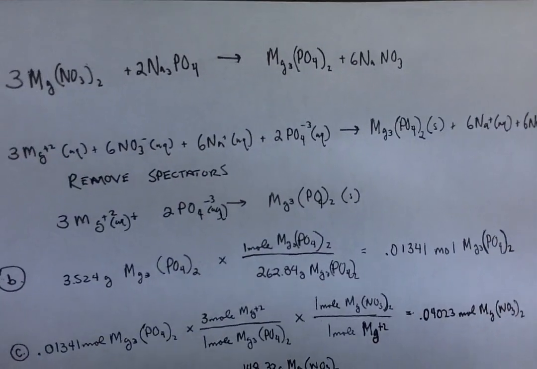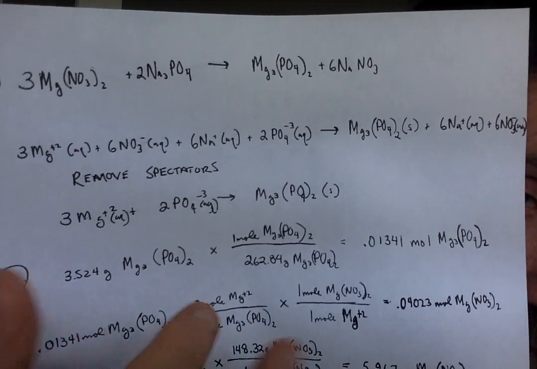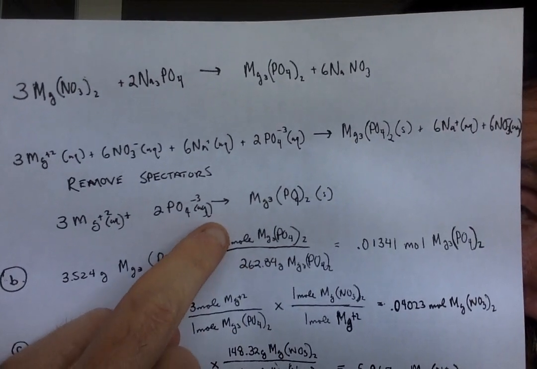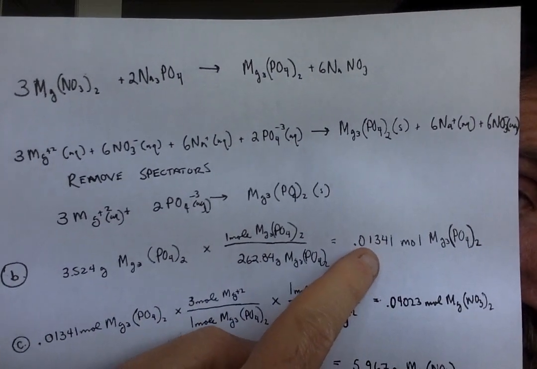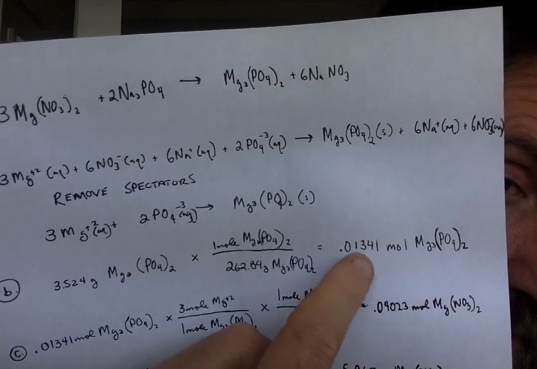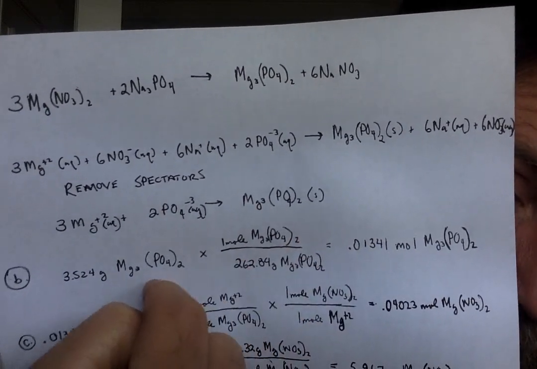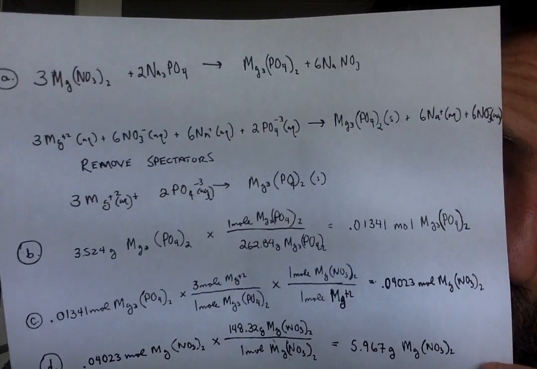When you add that up, it's going to give you the number, but you don't need to do that because they've told us. You do need to put 1 mole in here, and that gets us 0.01341 moles, because I'm keeping my 4 sig figs from here to here.